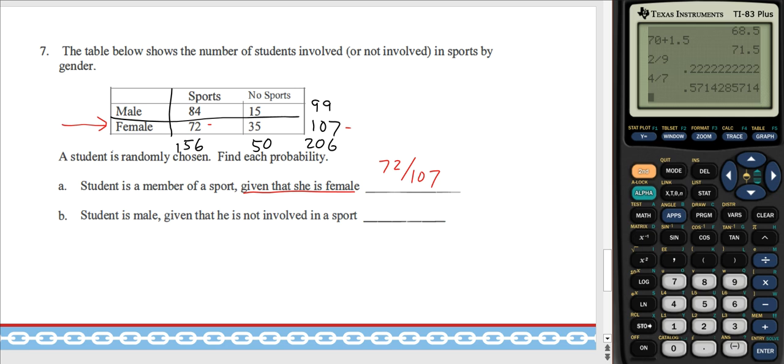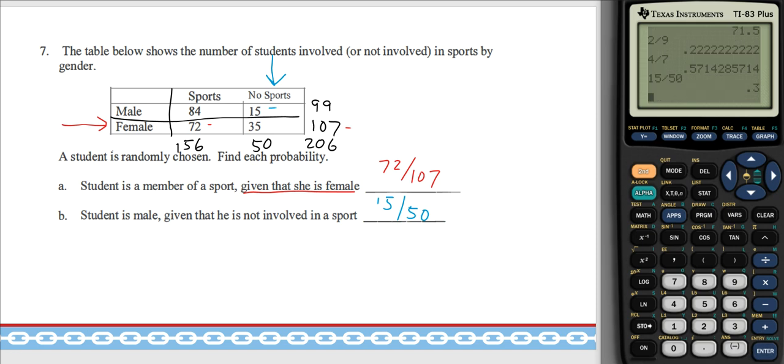Example B, the student is male given that he is not involved in a sport. So we are now looking only in this column that I marked in blue. So student is male. There are 15 males in that column out of 50 total students not involved in a sport. And again, if you needed to calculate those as percentages, we could do that, right?